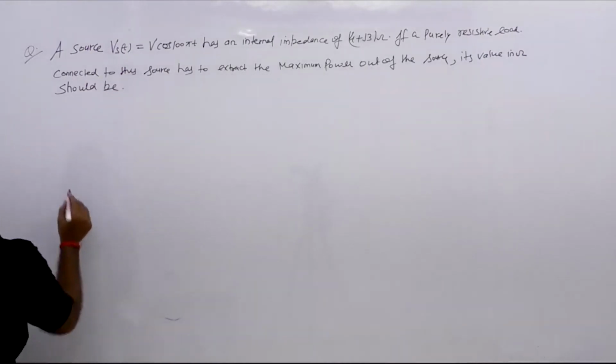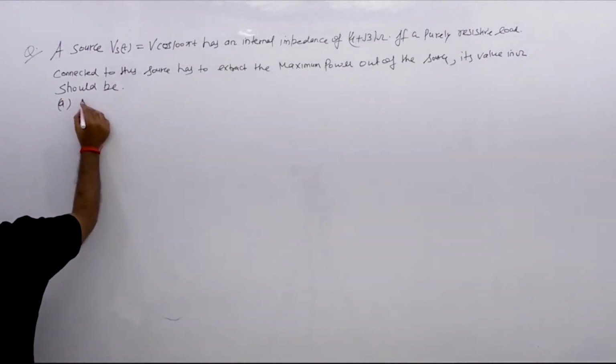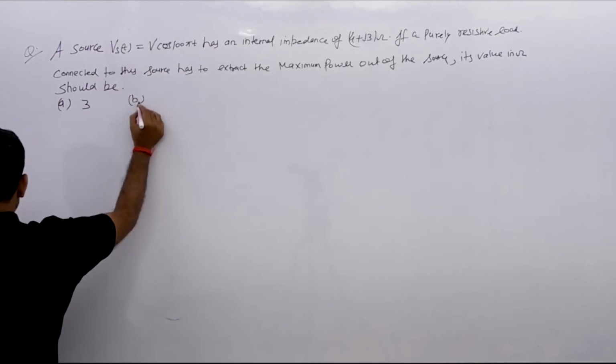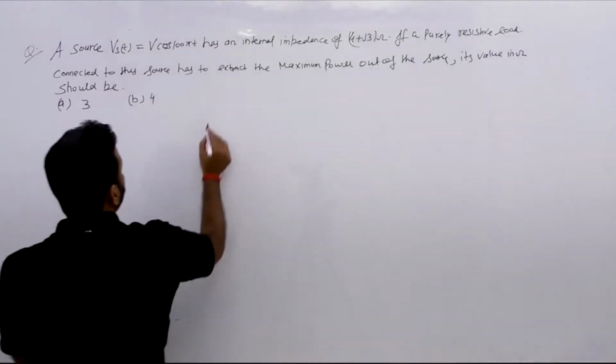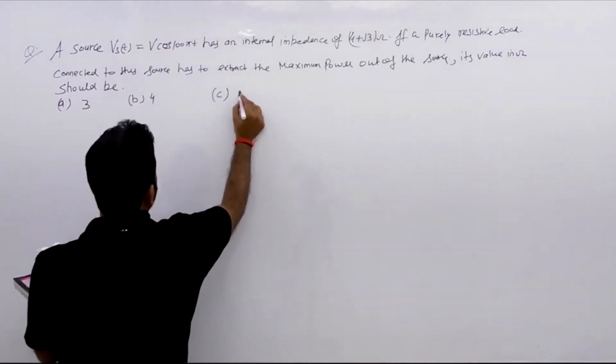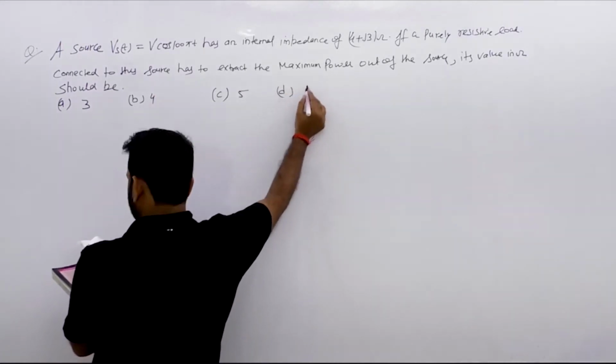So our options are 3, then we have 4, and C option is 5, and the last option is 7.